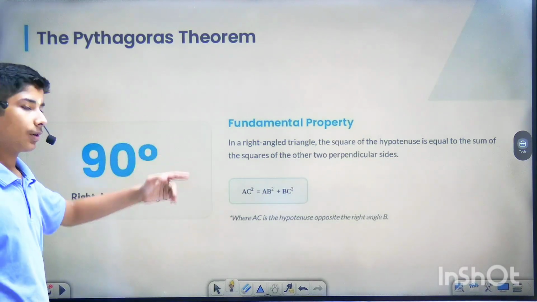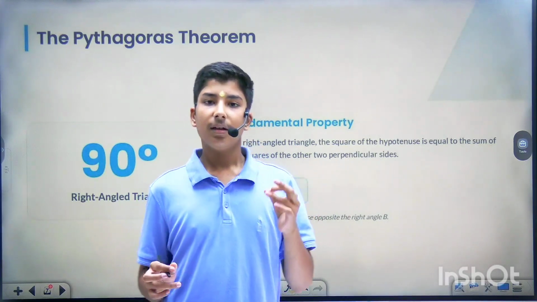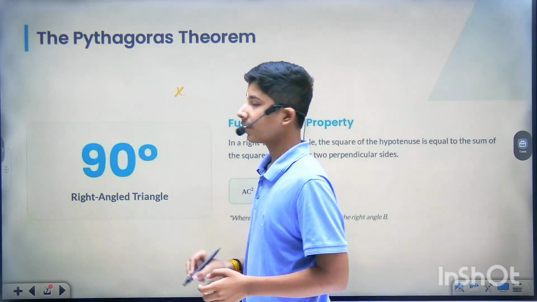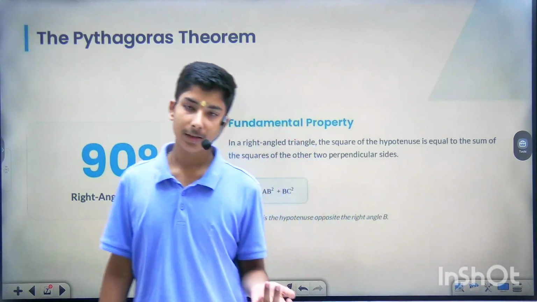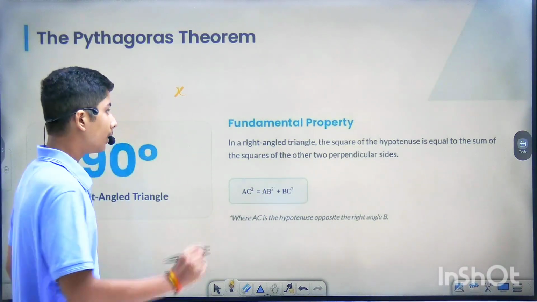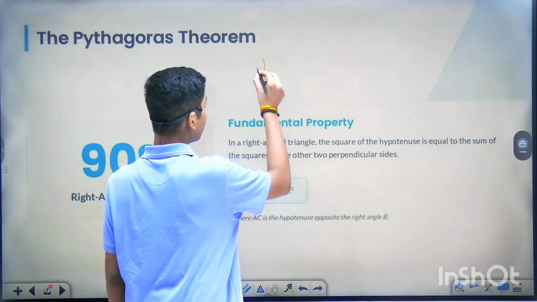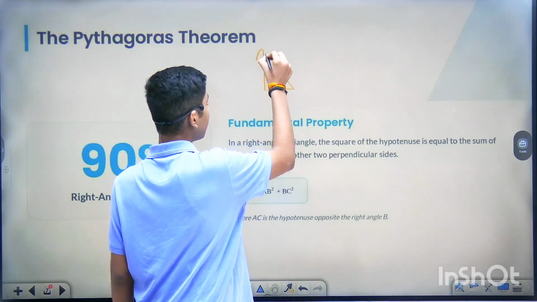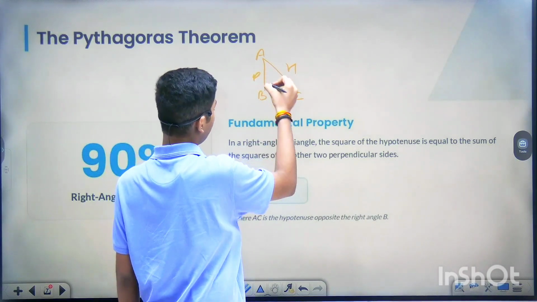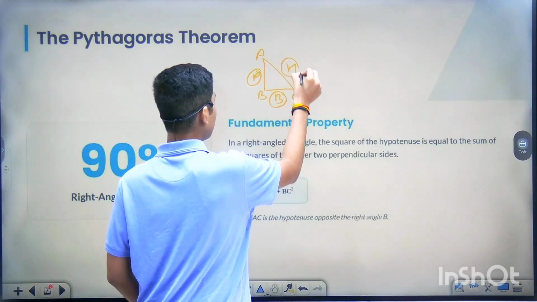Now, the Pythagoras theorem. We have read this since our class 6th, since when algebra has started, meaning the thing x is coming in mathematics. From then, we have been learning this theorem, the Pythagoras theorem, which says that if there is a triangle, specifically a right angle triangle ABC, then this is the hypotenuse, this is the perpendicular, and this is the base.